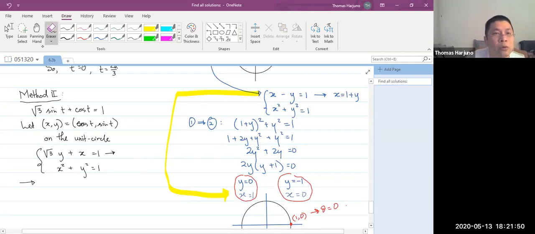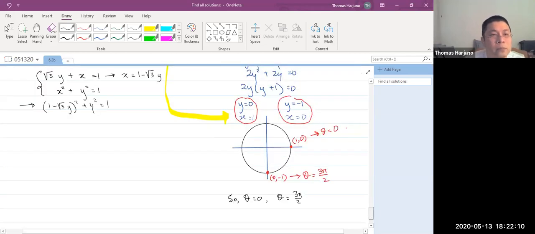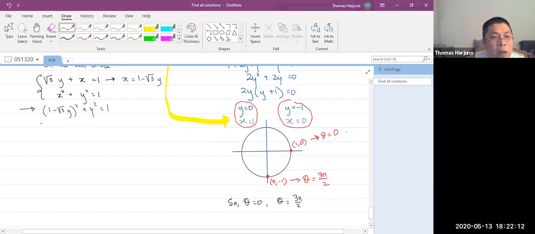So x equals 1 minus square root of 3 y. Then (1 minus square root of 3 y) squared plus y squared equals 1. That is 1 minus 2 square root of 3 y plus 3y squared plus y squared equals 1.